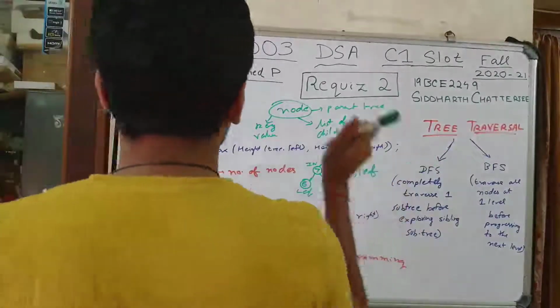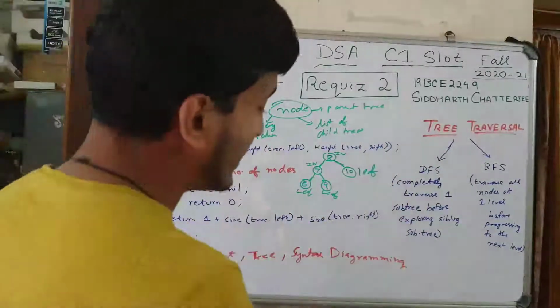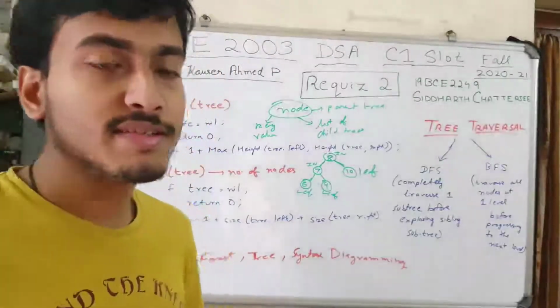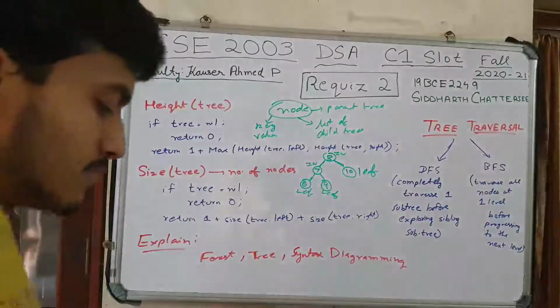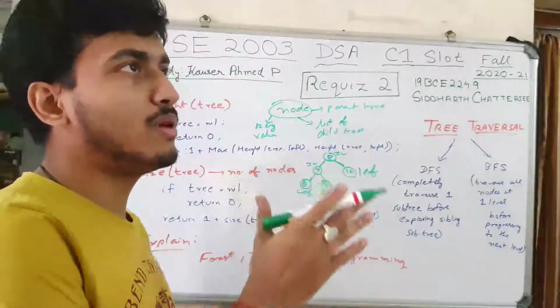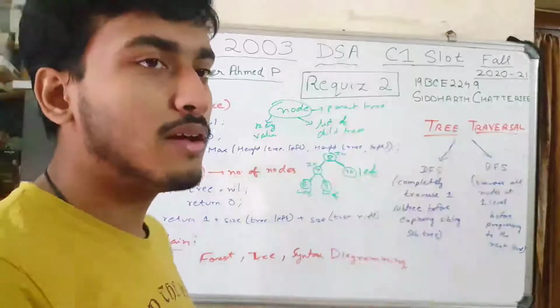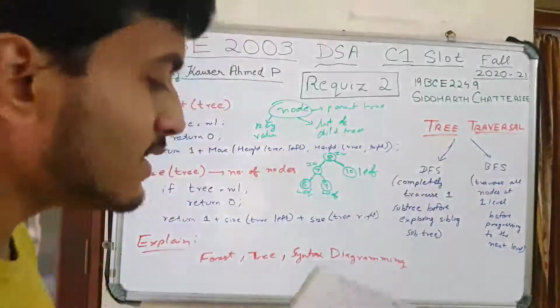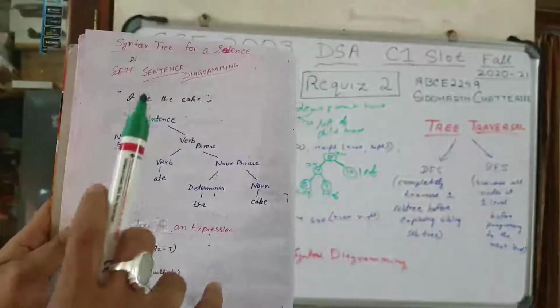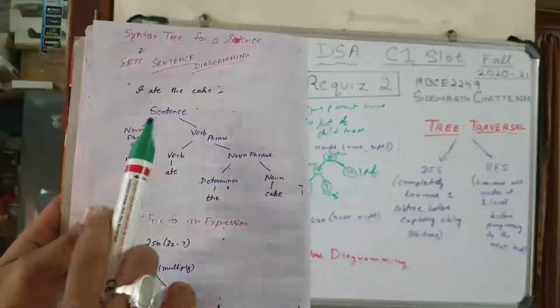Now, what is syntax diagramming? In a syntax tree for a sentence, what a syntax diagram basically means is the proper way of the syntax of how to read a tree from left to right. As you can see, I wrote some examples here. The sentence is: I ate the cake.